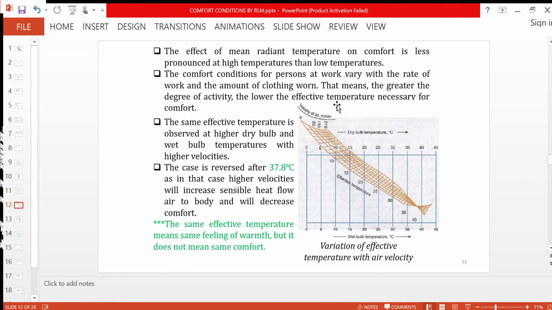This is a modified chart with respect to wind velocity, and this is the effective temperature range. This is the dry bulb temperature and this is the corresponding wet bulb temperature. This is called the modified comfort chart.